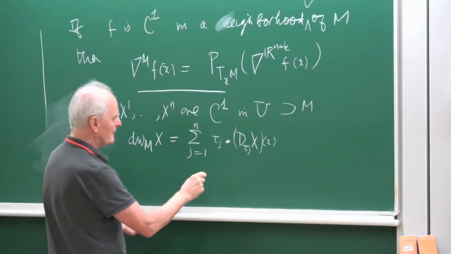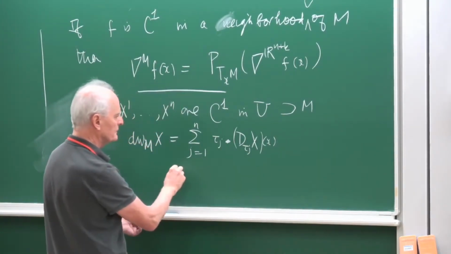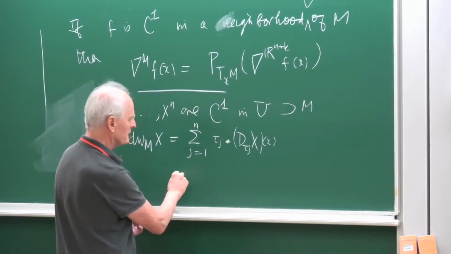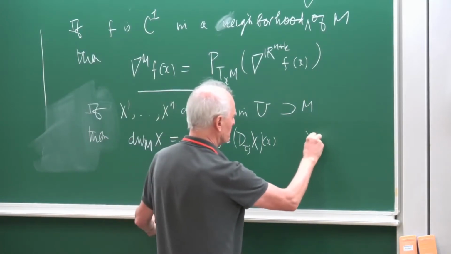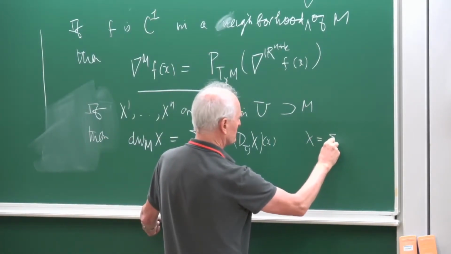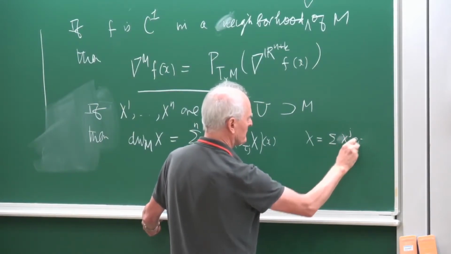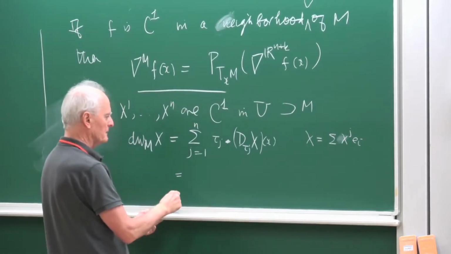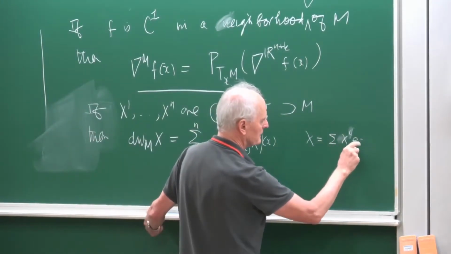And this d_tau_j X can be written just as, let's see, let's write X as we did before as the sum of e_j times x_j. You can always rewrite the thing in terms of its components. I better use a different symbol there. This is e_i times x_i.